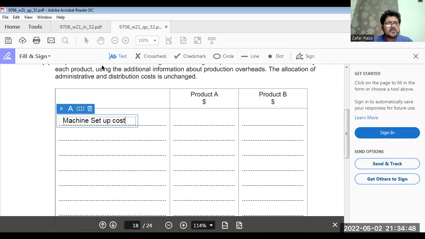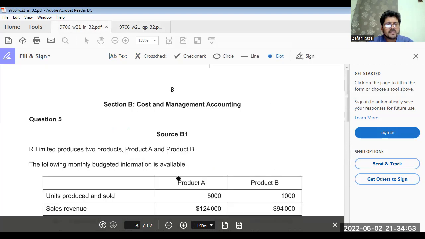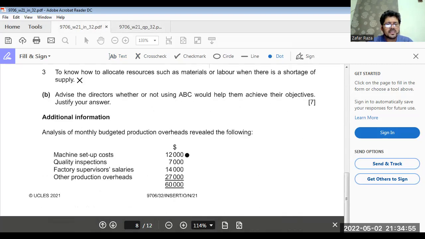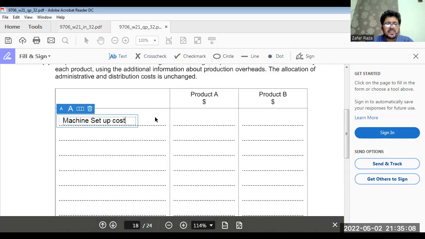Machine setup cost was actually how much? Machine setup cost was 12,000. And the cost drivers are 60-40, 60% to product A and 40% to product B. So we have to divide machine setup cost 12,000, 60%.